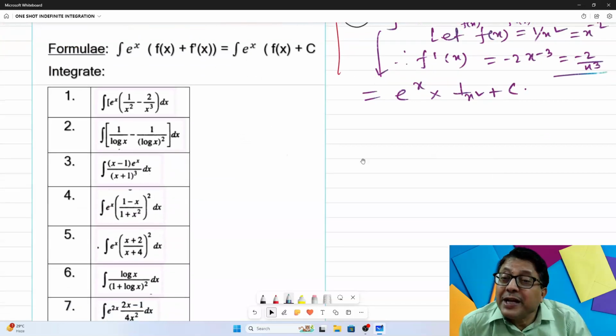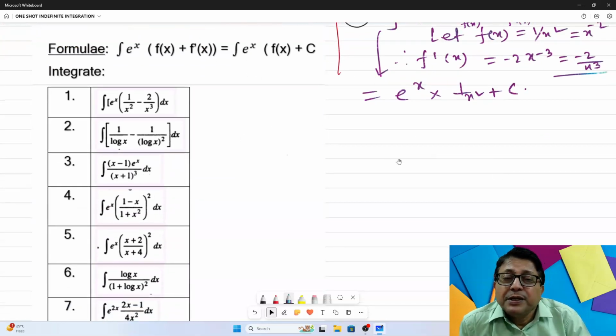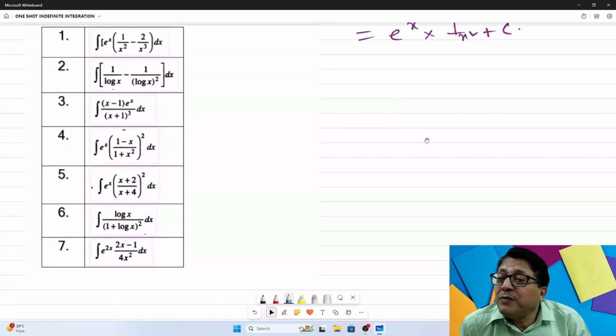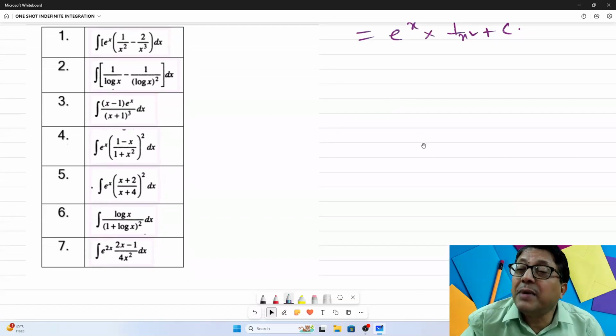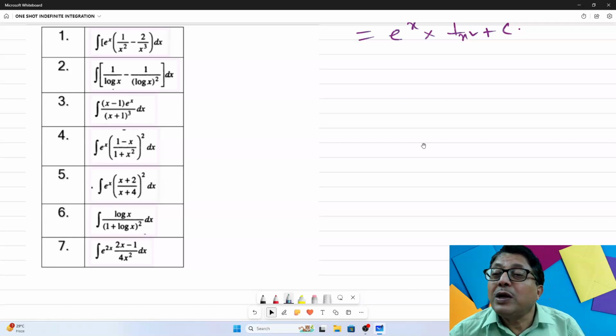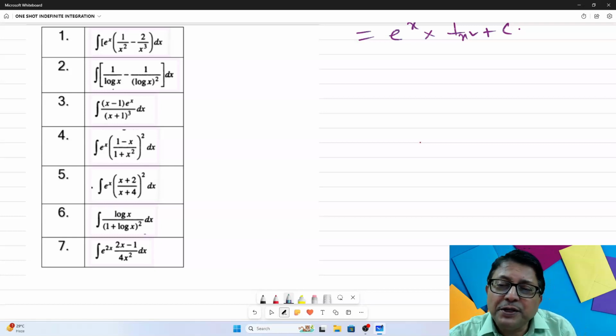Problem is with the next problem. There is no e to the power form given, just 1 by log x minus 1 by log x square. What to do? This is of this form only. First we have to reduce it to that form. Let log x equal to z.